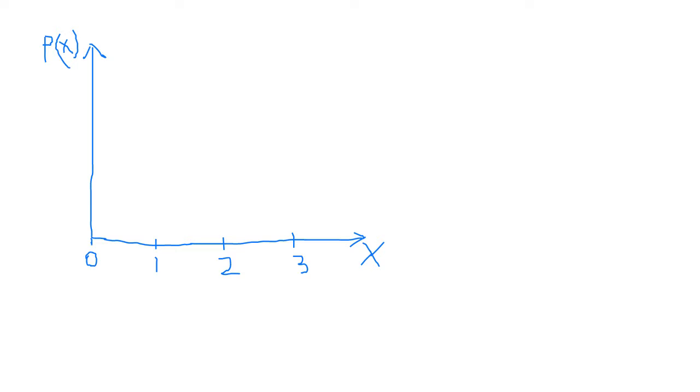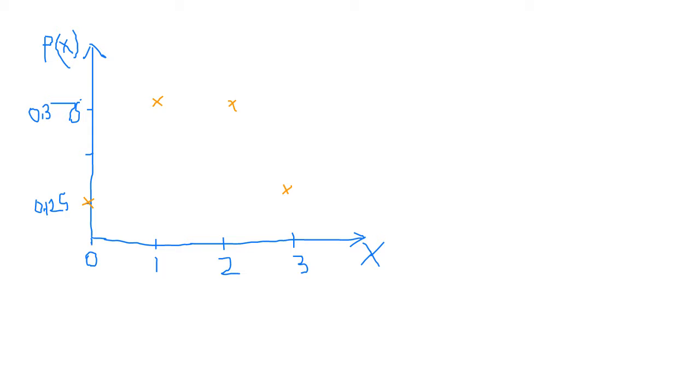Just making sure I have the same values. 0.125, 0.375. Okay. So if I put my points on the graph, when x is 0, it was 0.125, and x is 1, 0.375, and x is 2, 0.375, x is 3, 0.125.